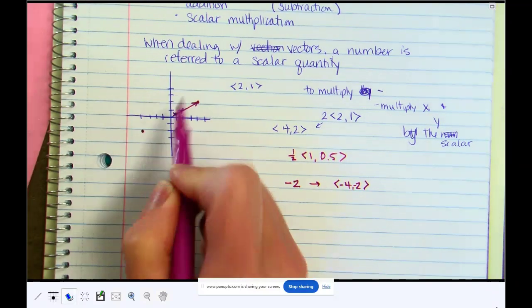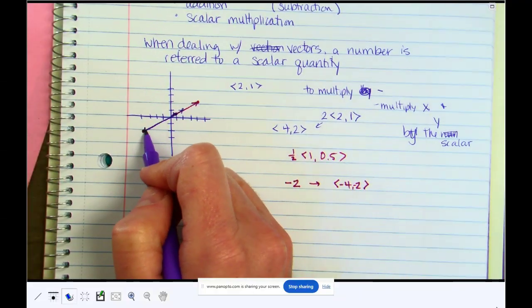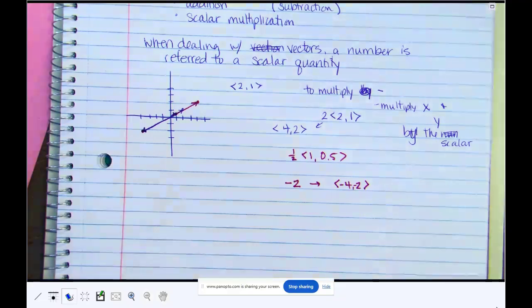Okay, so a negative on the vector does change its direction. Okay, but otherwise, it's the same, right? The same slope. The slope of this will never change. It only will change the size of it. So it's a scalar quantity for that reason. So it's super easy to multiply by a scalar. So scary word, not difficult.